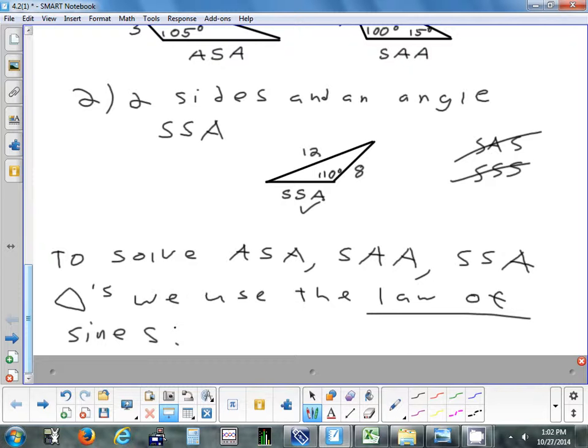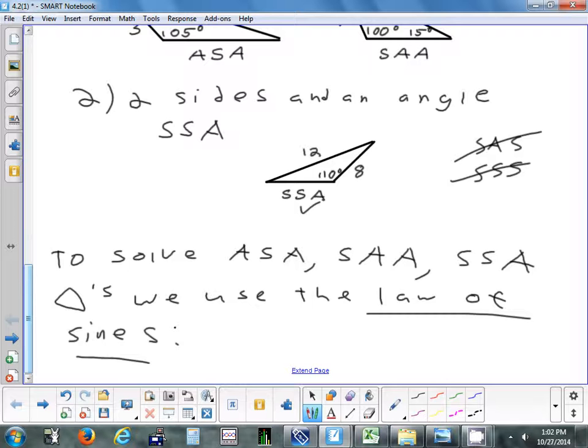And it kind of is, a little bit. One of the first things you want to do when you start one of these problems is figure out, is it one of the three types that falls under law of sines? If it is, you use that law. If it's not, you're going to have to use a different law, which you're not going to learn until Wednesday.